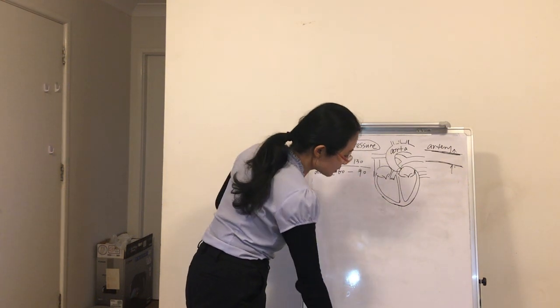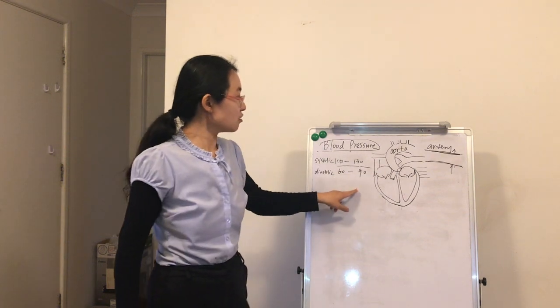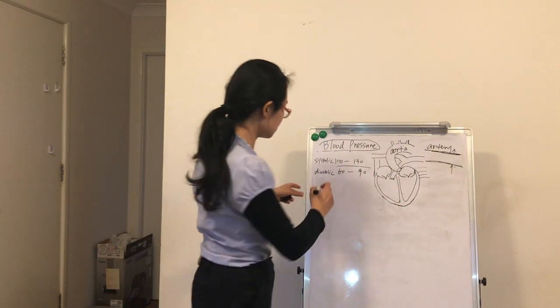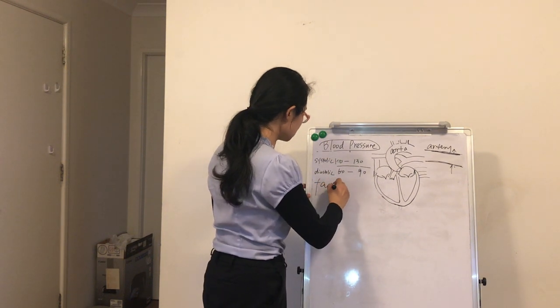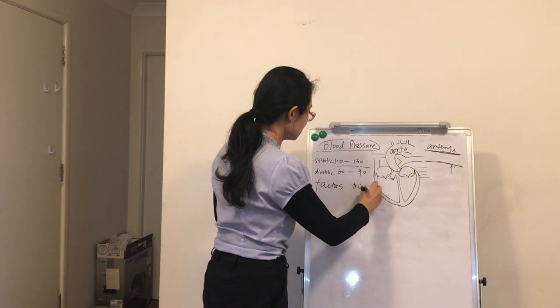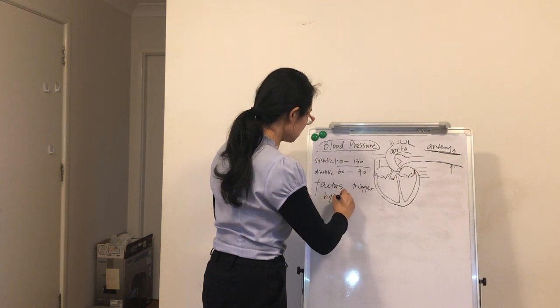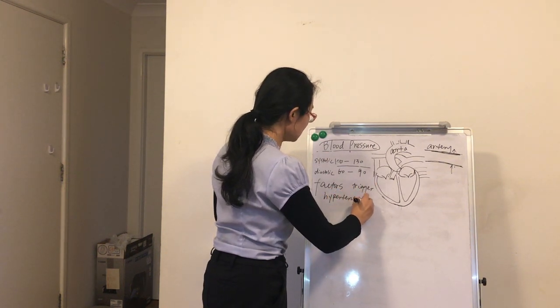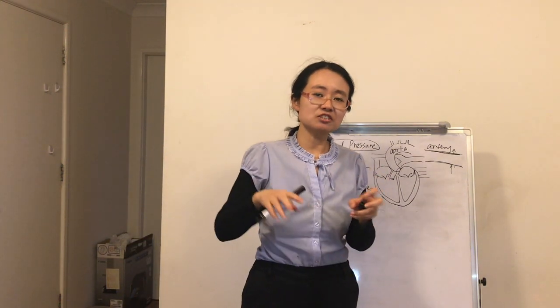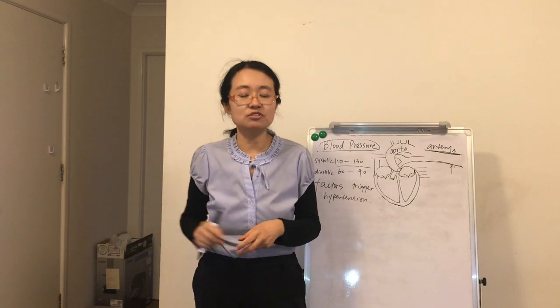Now we're going to talk about the factors which could trigger hypertension. Normally hypertension, high blood pressure, is more risky than hypotension.